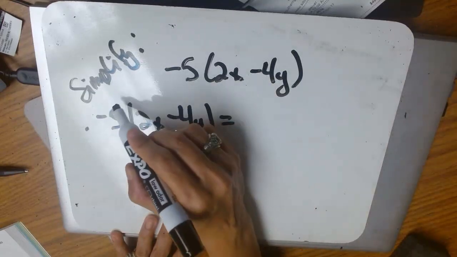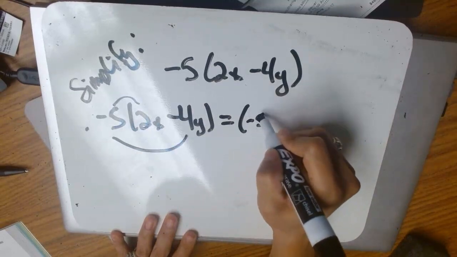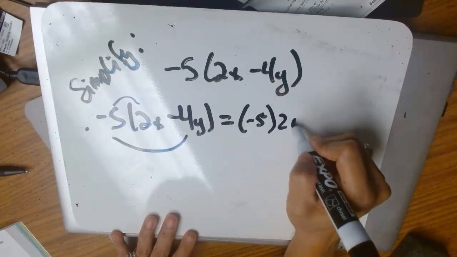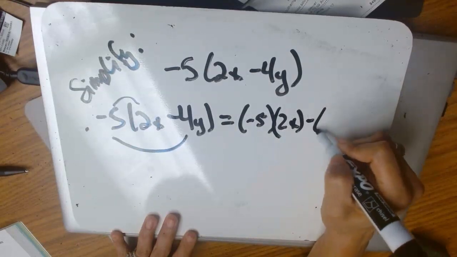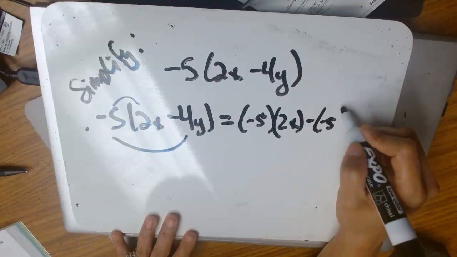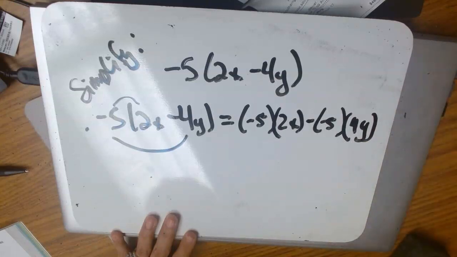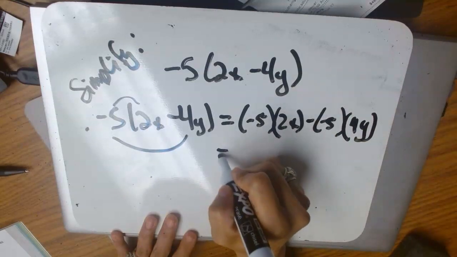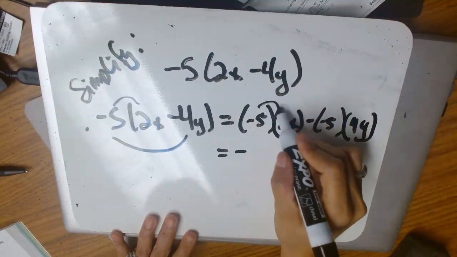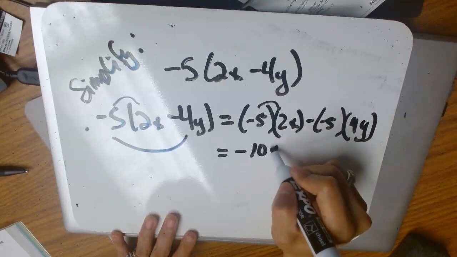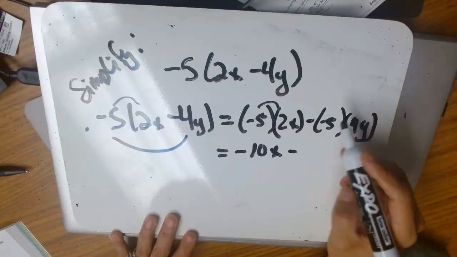Okay, so once again, times 2 is 10x minus 5 times 4 is 20.